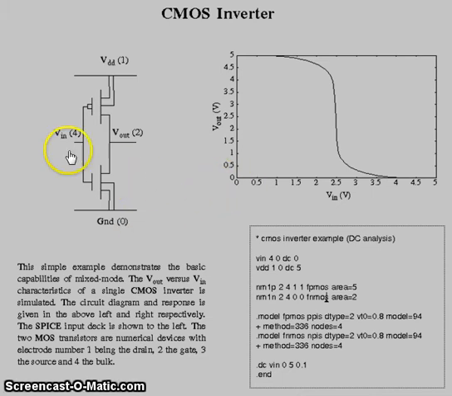And as we sweep the input from 0 volts to 5 volts, we'll discover that the output goes from 5 volts through a transition region to ground. And so we say that the output is the inverse of the input. If the input is 0, then the output will be 5. If the input is 5, the output will be 0. And so we get here the concept of a high or a low, or a 1 or a 0, as we understand in digital terms.